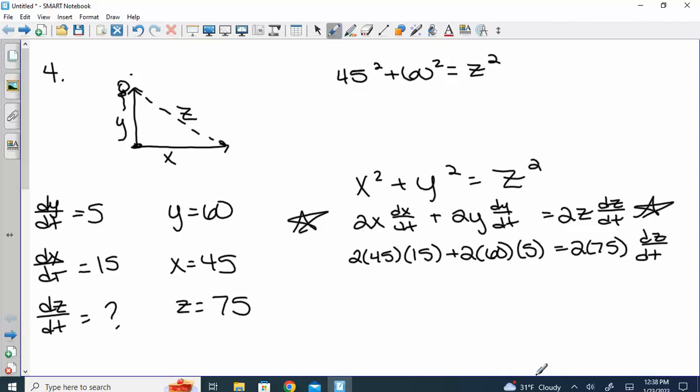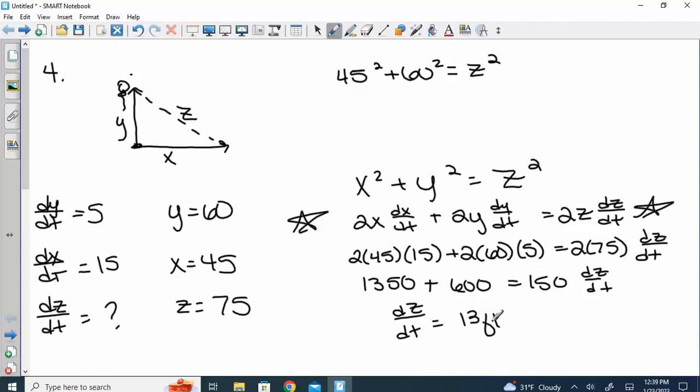So 2 times 45 times 15. So you get dz/dt equal to 13, and we were in feet per second.